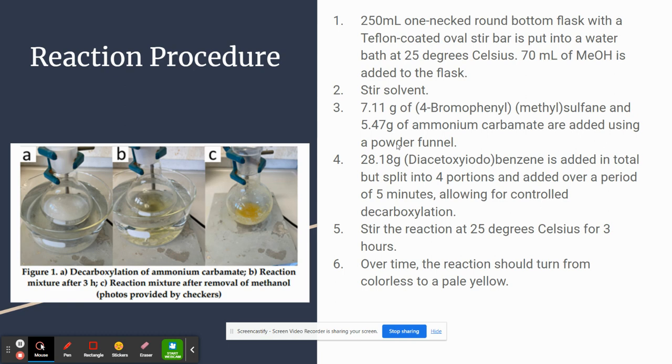The fifth step is to stir the reaction at 25 degrees Celsius for 3 hours. And the last step is that over time, the reaction should turn from colorless to a pale yellow, as you can see in the picture. In the picture, A is everything being added, B is completely colorless, and C is the pale yellow.